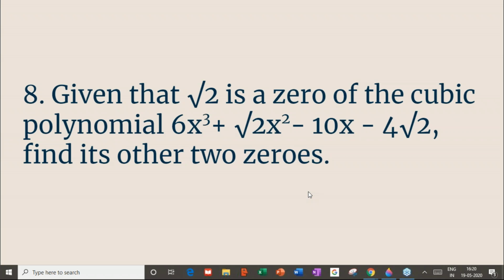It's a cubic polynomial, which means it's going to have three roots, right? One of the roots is given to you, which means how do you get the other two? Anybody can solve this and give me the other two roots. I'll wait for, let's say, 2 minutes. Anybody who can crack this.